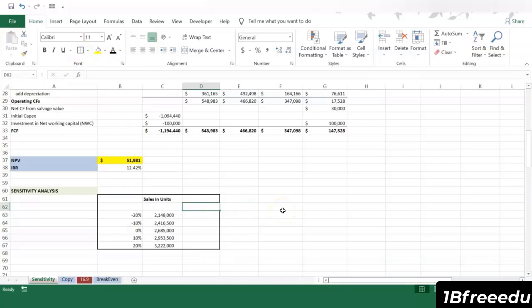And the last thing that I need is to link my NPV to our new table.